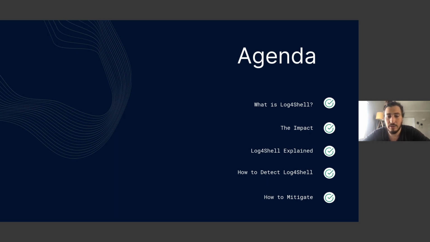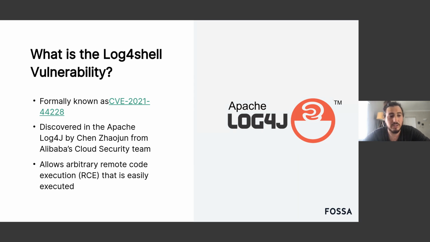We're going to start with what is Log4Shell, the impact of it, not only on your software that you're writing and your dependencies, but also third-party services that you may be using, the technical insides of how this exploit works, and then last and most importantly, how to detect whether or not you are exposed to this Log4Shell vulnerability, and if so, the steps you can take to mitigate and protect your services from having this exploit be used. So let's start from the top.